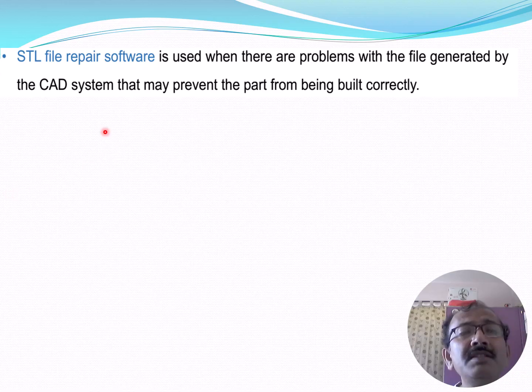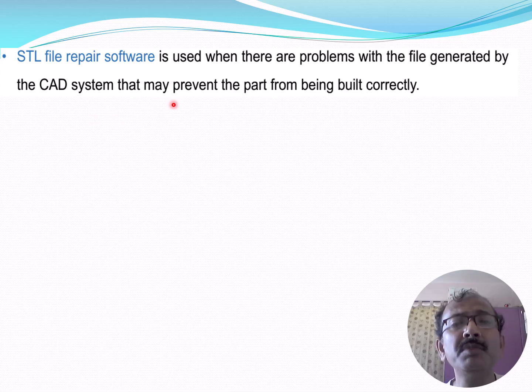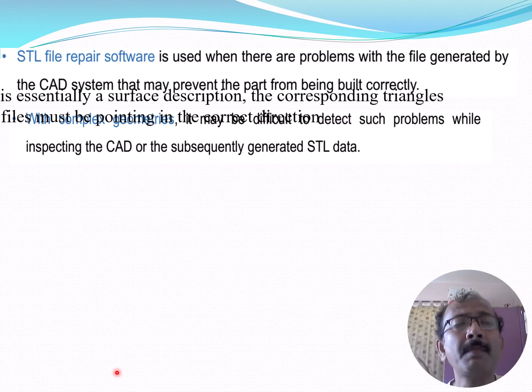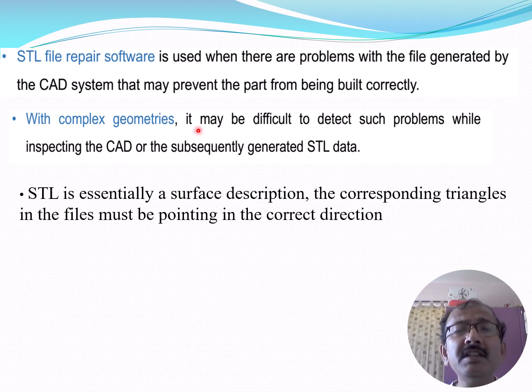STL file repair software is used when there is a problem with the file generated by the CAD system that may prevent the part from being built correctly. With complex geometries, it may be difficult to detect such problems while inspecting the CAD or the subsequently represented STL data. STL is essentially a surface description.